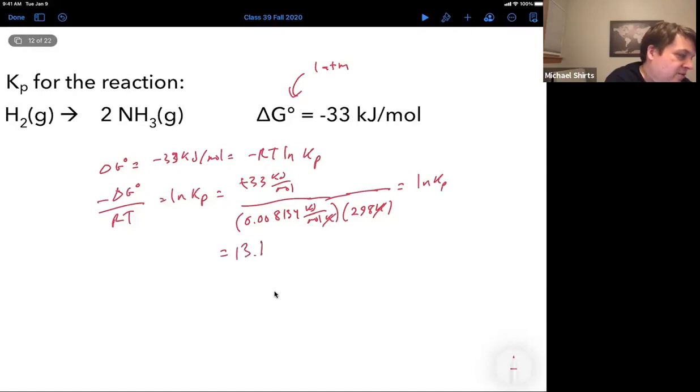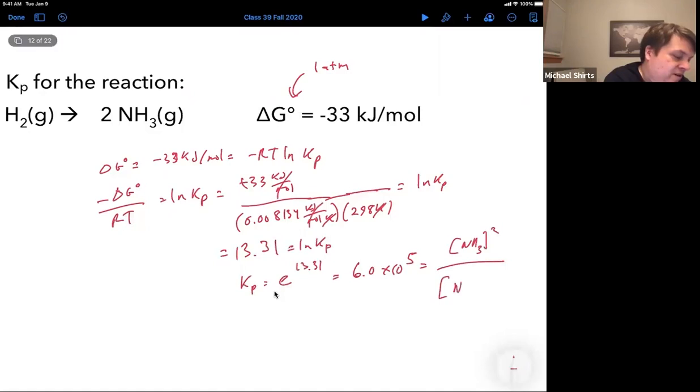When we plug everything into the calculator, we get 13.31. That's unitless because the kilojoules per mole cancel out, and it equals ln Kp. And so Kp is therefore e to the 13.31, which is 6.0 times 10 to the fifth. And so that will be equal to NH3 squared over N2 times H2 to the third at equilibrium.